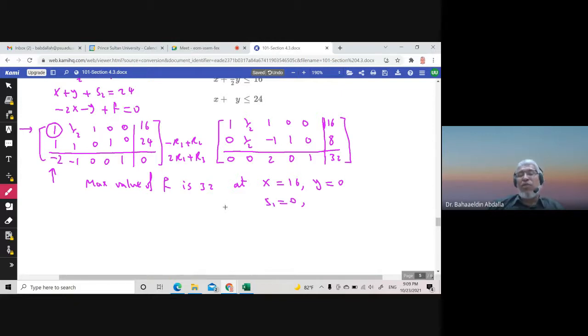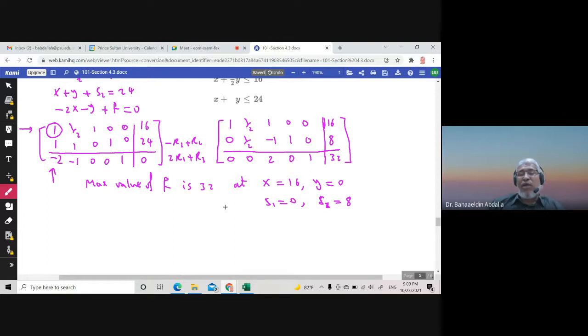And s2 is basic, so s2 is 8. So the basic variable takes the number in the right hand side. Now the corner point here is 16 and 0, but we notice something.